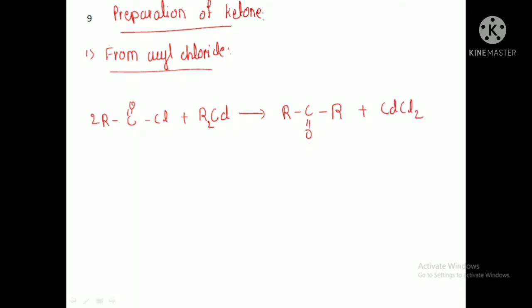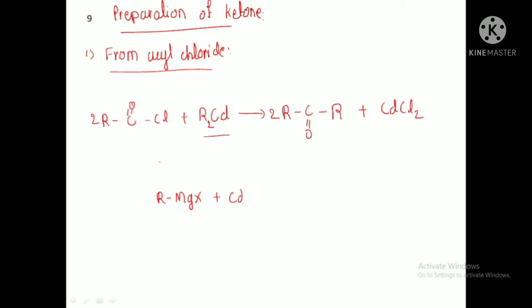You need to balance this reaction. Everywhere I am not going to write the balanced reaction, you should be able to balance all the reactions. I took acyl chloride on reaction with dialkyl cadmium and it will give ketone. So how will you prepare this dialkyl cadmium? By reaction with Grignard reagent, RMgX.